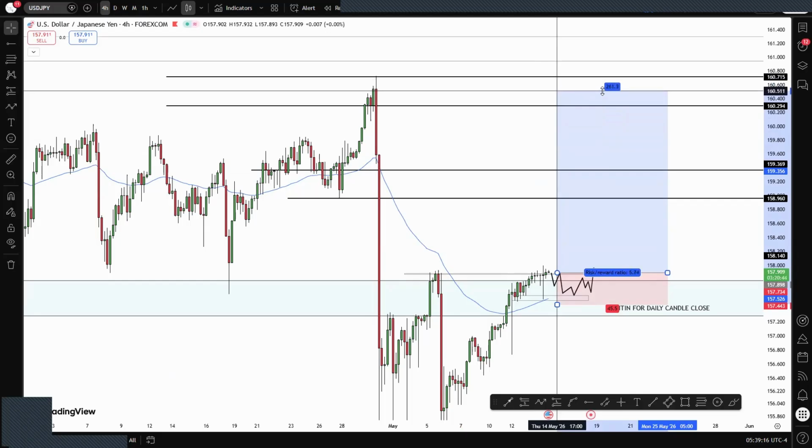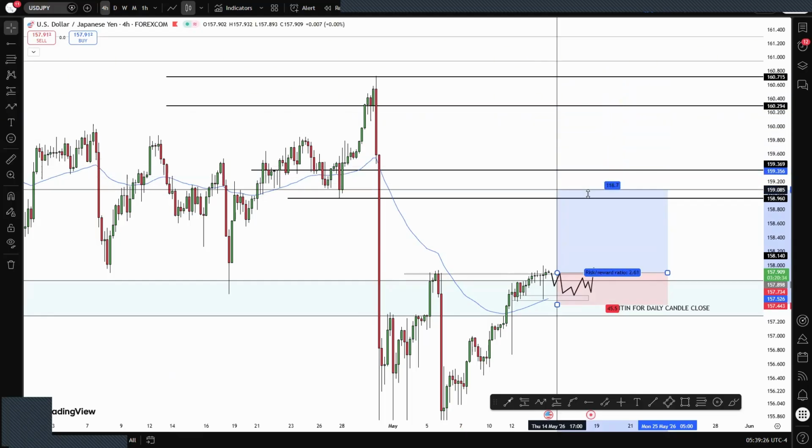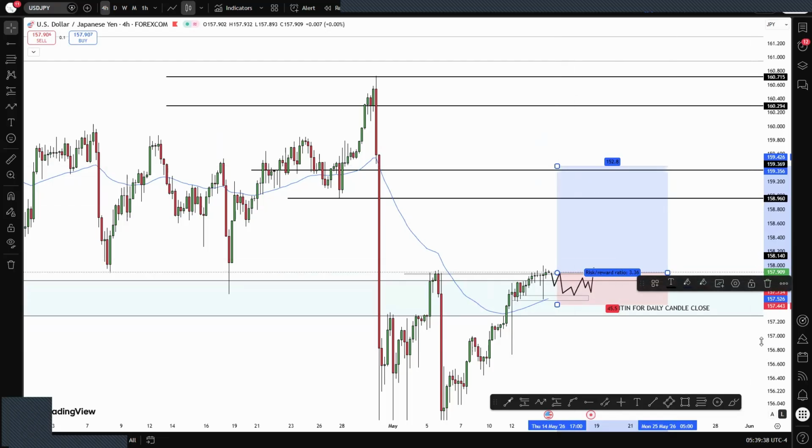But the initial take profit is this one, or this one. These two are just based off fear, or if that's your minimum or maximum target. You see?